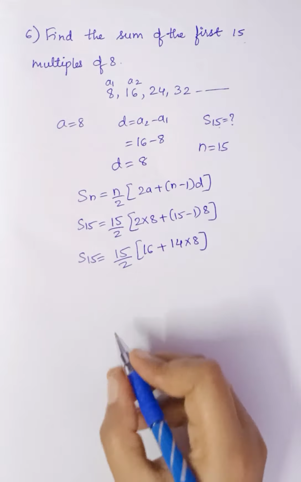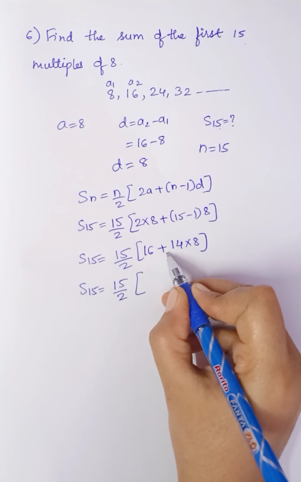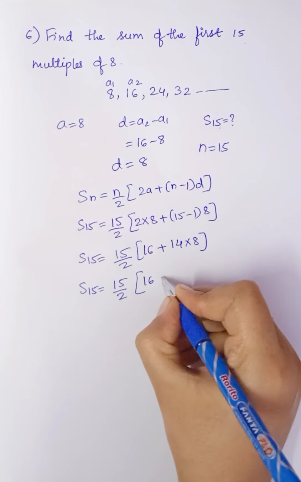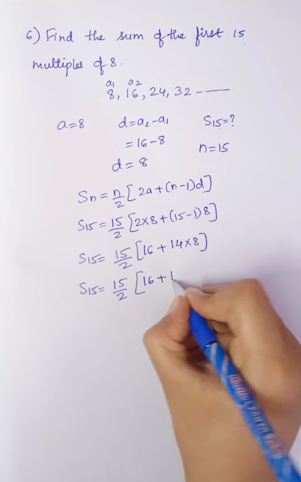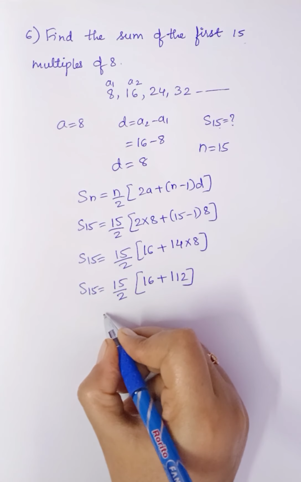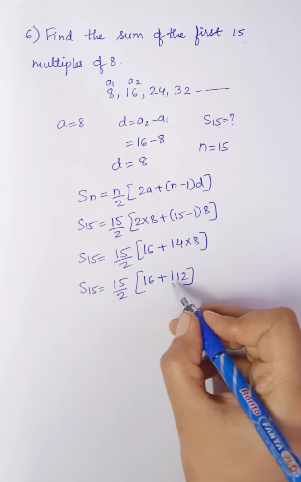Now S15 is equal to, how are we going to solve this? 15 by 2 into 16 plus 14 into 8. So 16, keep it as it is, plus 14 into 8 is 112. Now add these both, and you will get 128.